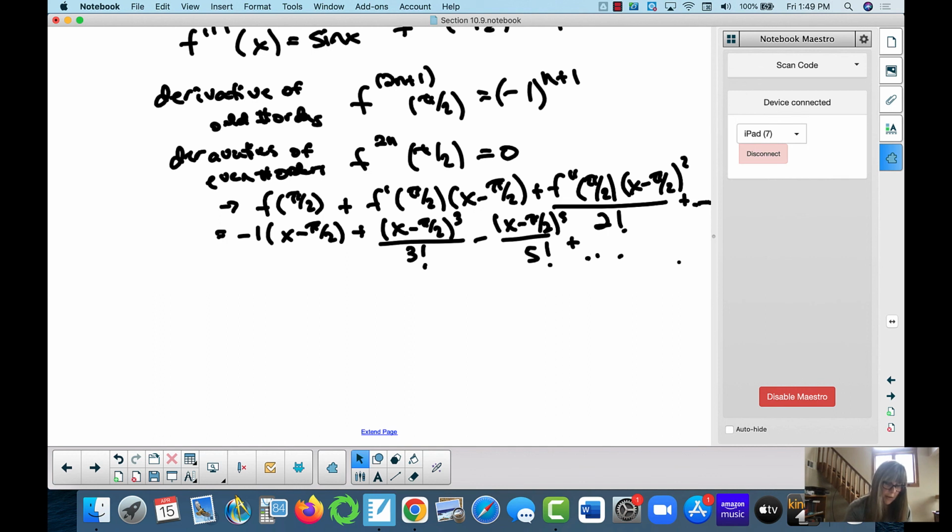So when we write that as a series, remember that's -1. It's an alternating series, but it starts with -1. So it's -1 to the k plus 1 power instead of -1 to the k.